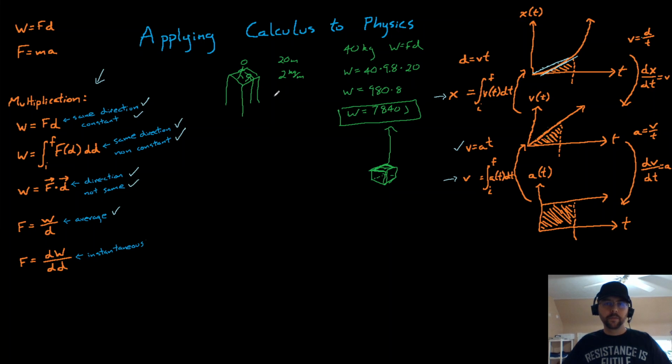So our mass is changing. We have 2 kilograms per meter times 20 meters that we're pulling, right? That gives you kilograms. So our initial pull, we have 40 kilograms that we're pulling up the side of this building.